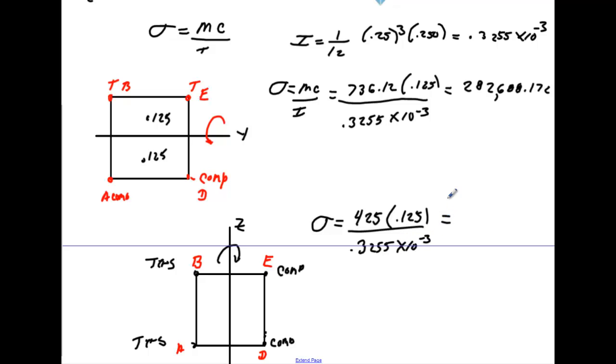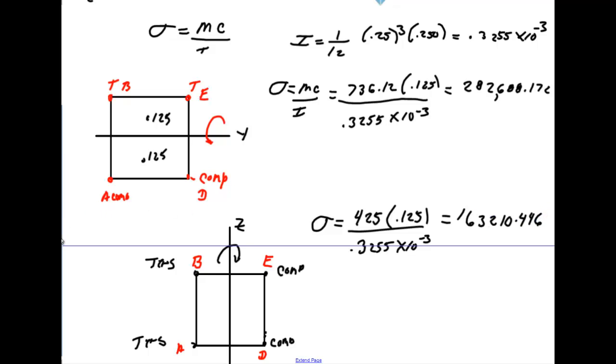Run that value: 425 times 0.125 divided by, in parentheses, 0.3255 times 10 to the minus 3. That gives us a value of 163,210.446.